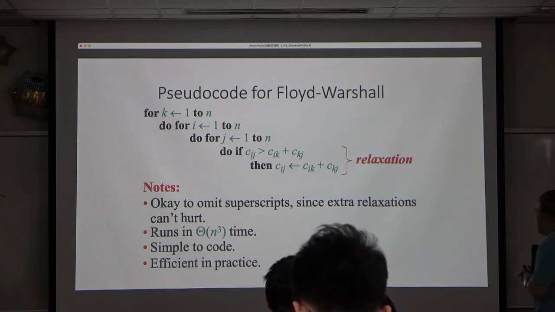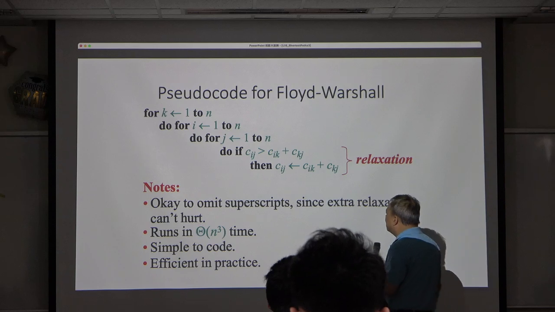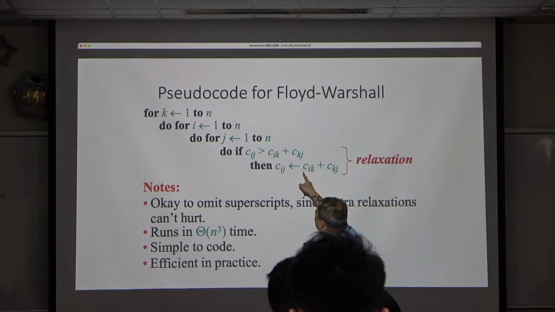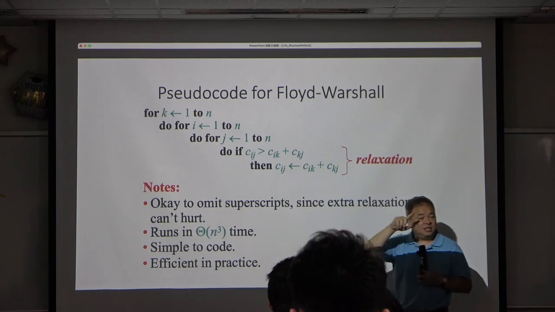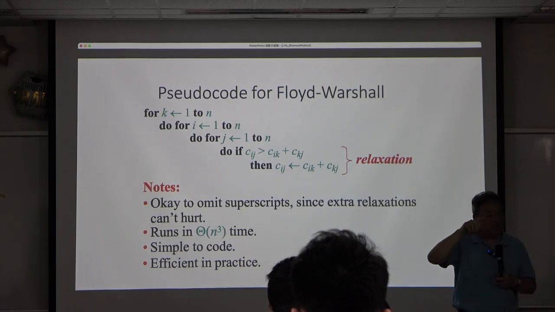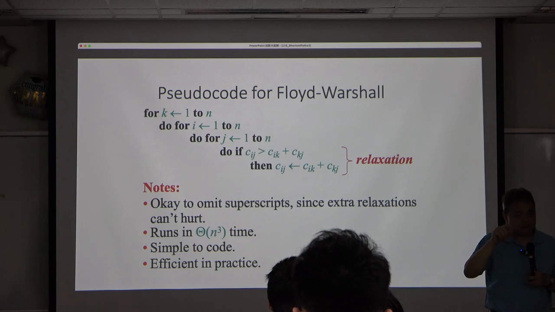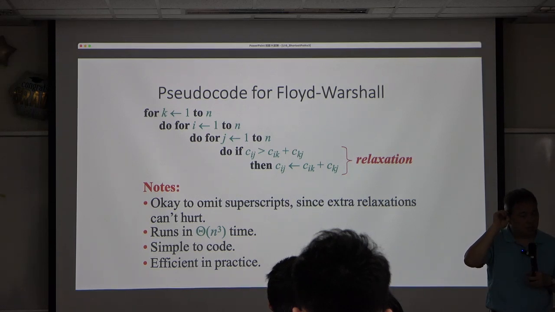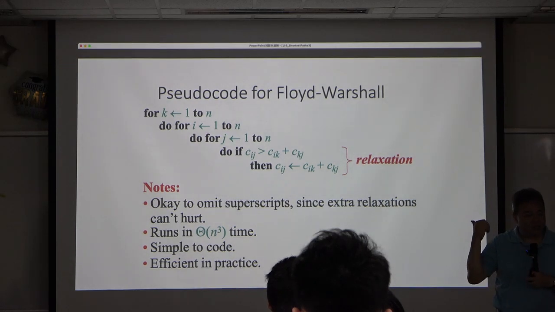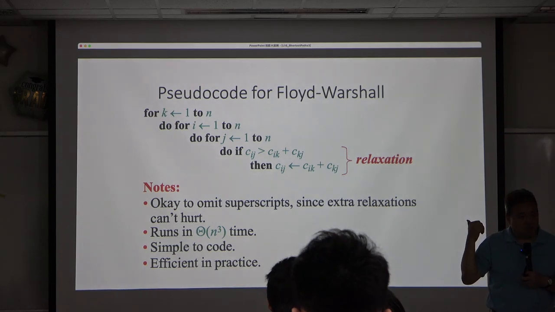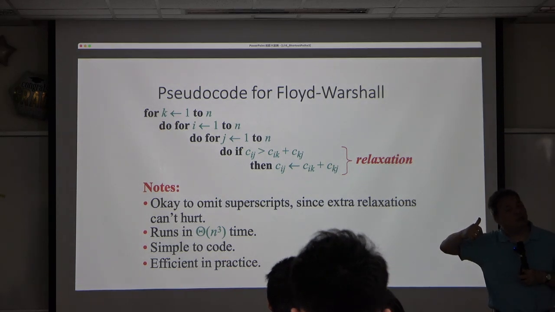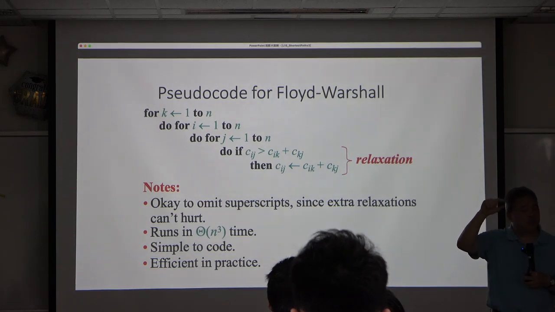What I want to tell you is that when this condition is met, it means that the intermediate node contains node k. So what you need to do is remember which case is going to change.